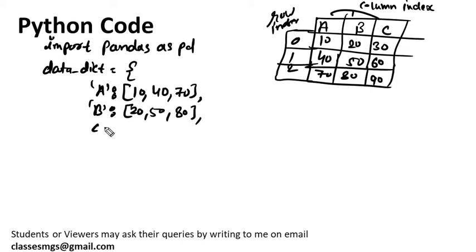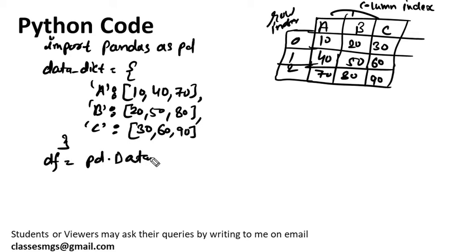Then we have the C column values, and we will have 30, 60, 90 like this. And now you can create this data frame using pd.DataFrame, and then you will pass this data dictionary here. By default the index will be 0, 1, 2, so we need not worry.